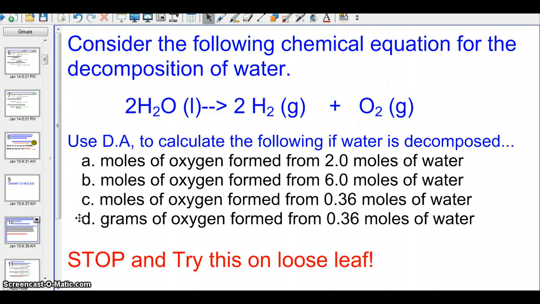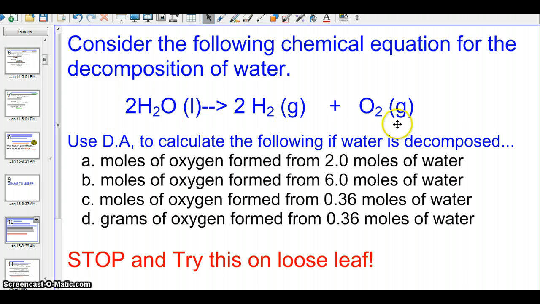So at this point in time, see if you can pause the podcast and set up a dimensional analysis for the first calculation. Remember to put your given, your 2 moles of water in this case, over 1, and then use the coefficients in the balanced equation.